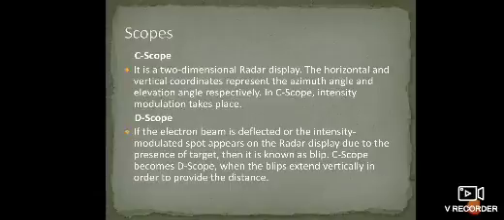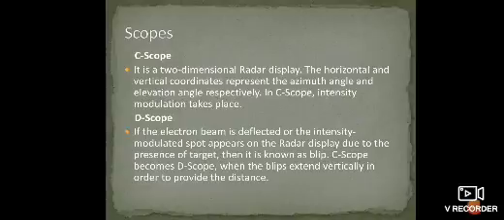That means C and D have the same conditions, but with the C scope, a spot appears on the radar display, which notifies that there is a presence of a target, and for that there will be some sound as a blip.